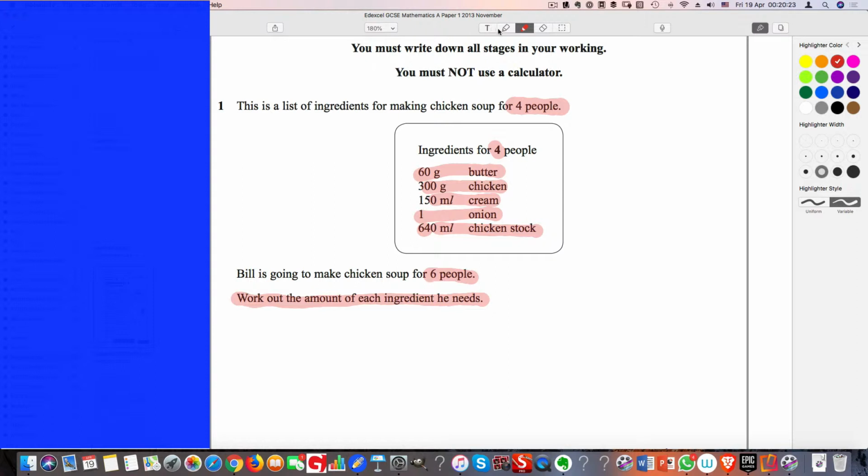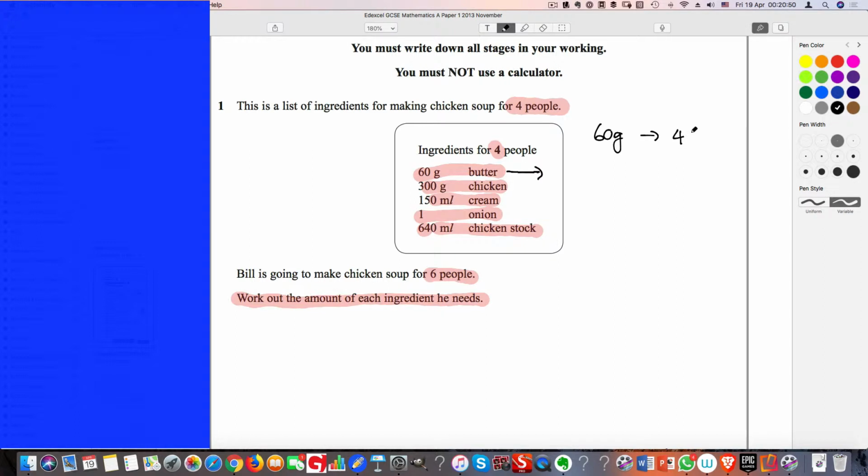To work out the amount of ingredient that he needs, we can start off with the fact that for 6 people, change that color, otherwise white is not going to appear on there. So this is for 4 people, right? So we could say that 60 grams, in this case, is for 4 people. So what about one person?